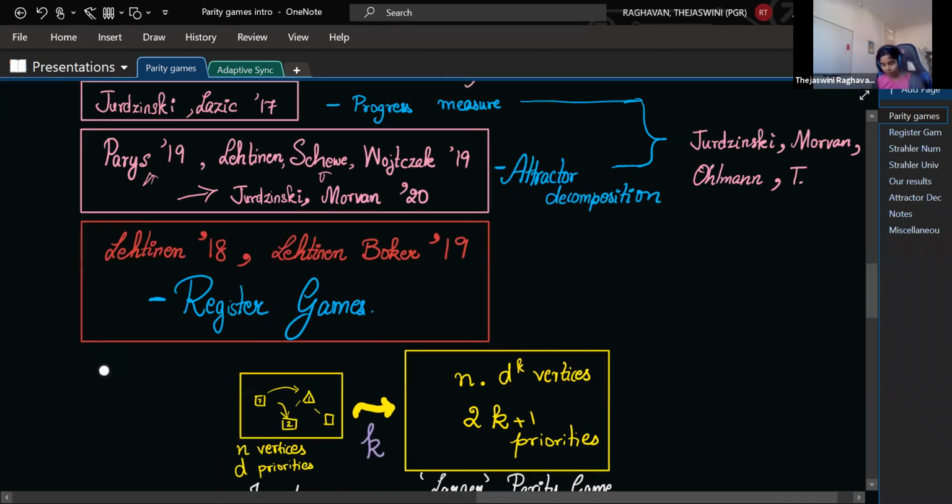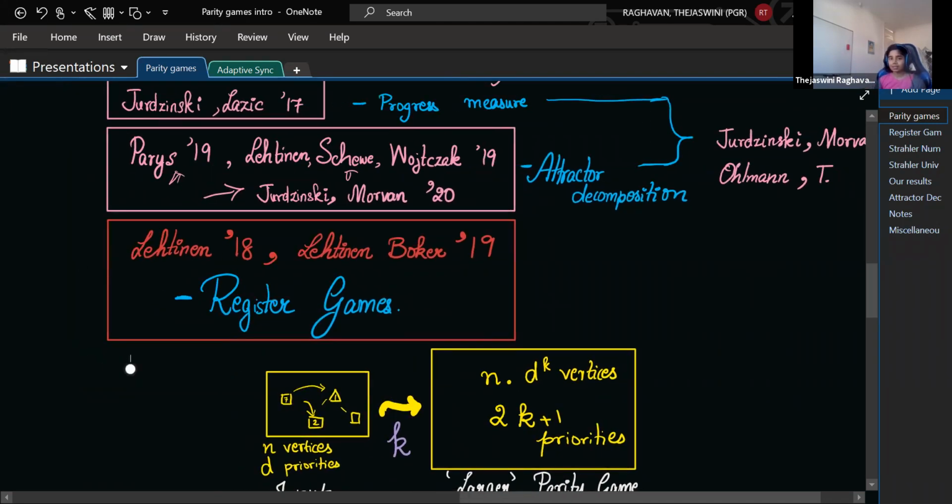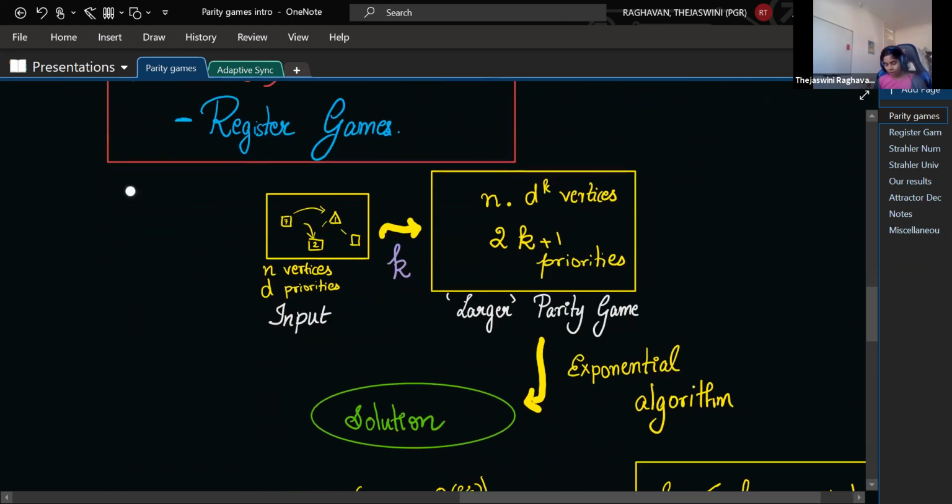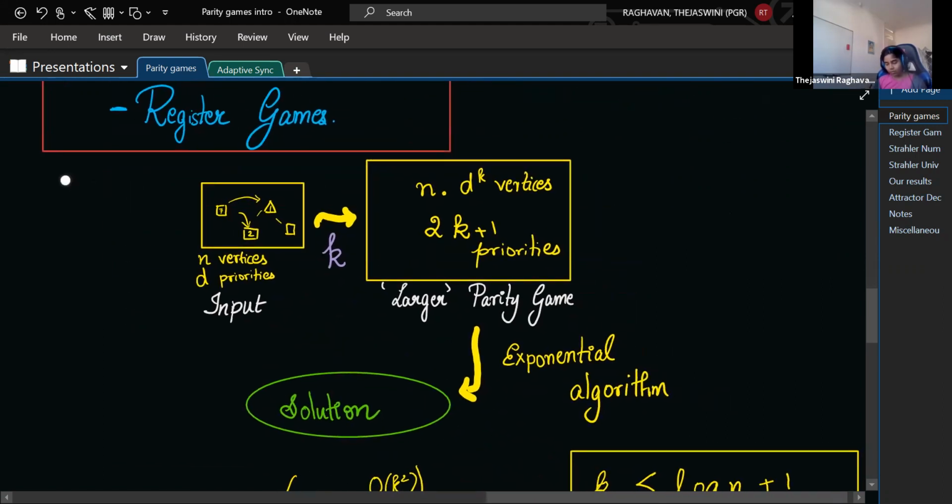But maybe what I really want to highlight in this is this algorithm by Lehtinen in 2018, which used something called register games to solve parity games in quasi-polynomial time. And what did that do? Very roughly, the idea was as follows.